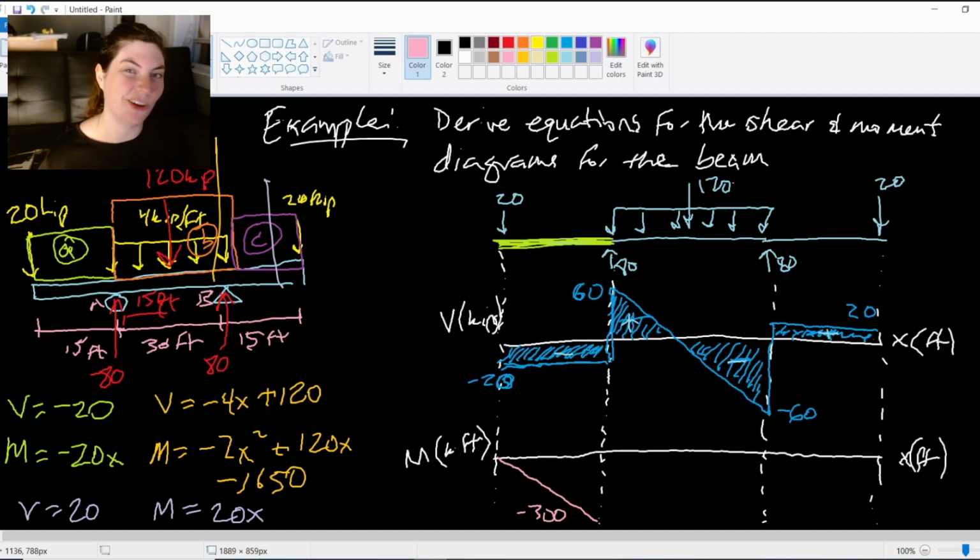Pretty straightforward, pretty easy with a linear equation. But this polynomial is going to be a lot more of a chore, right? You're probably going to need to plug multiple points into that moment equation to plot multiple points on the polynomial to get the right shape for it. So obviously you want to start with 15 and then maybe plug in 20, 25, 30, 35, 40, 45.